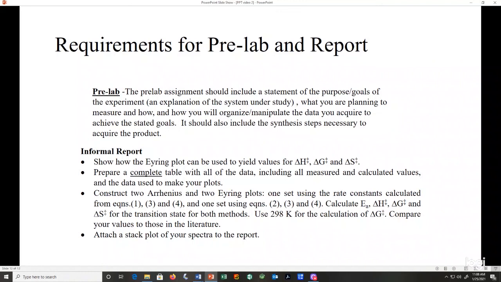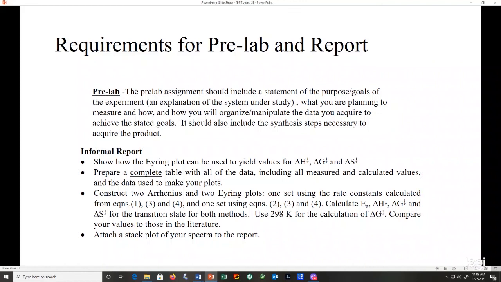You're going to want to calculate energy of activation, delta H, delta G, and delta S for the transition state for both methods. You'll use 298 degrees Kelvin for the calculation of delta G.